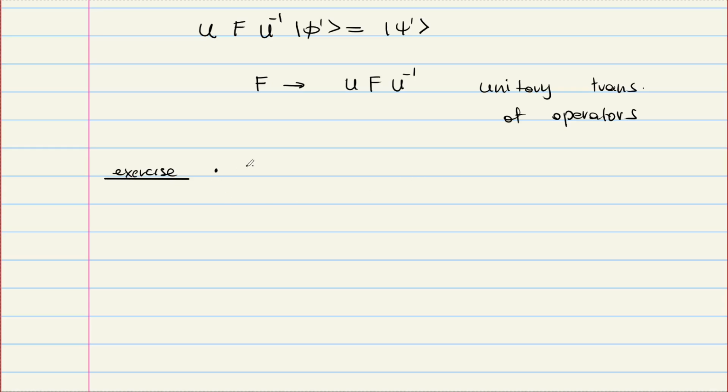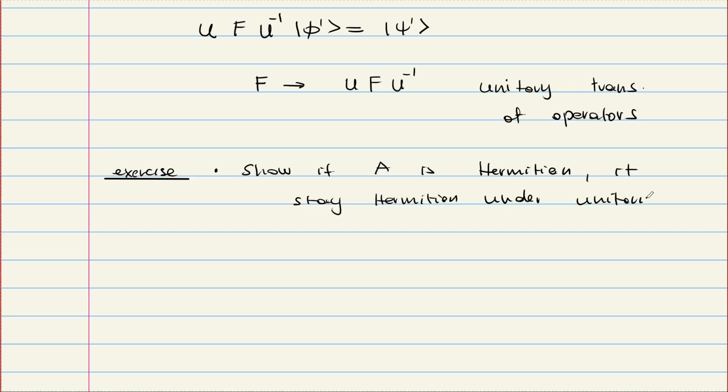Show that if A is Hermitian, it stays Hermitian under unitary transformations. Just use this and take the Hermitian conjugate, and you are going to see how this works out.